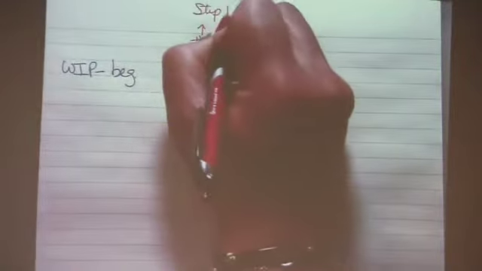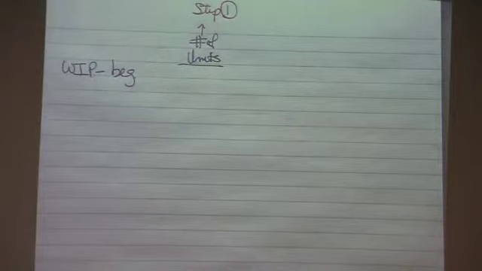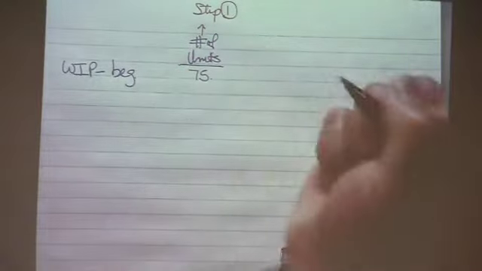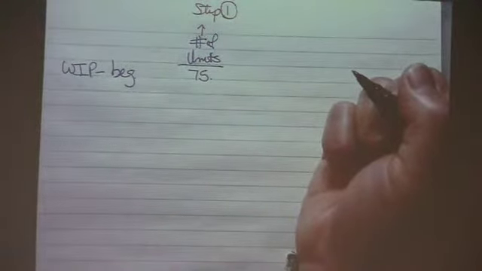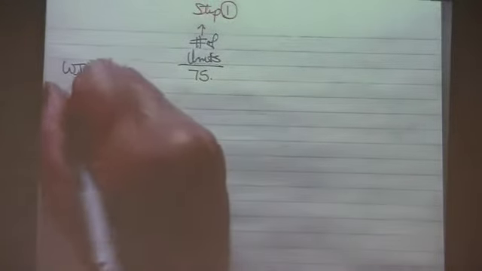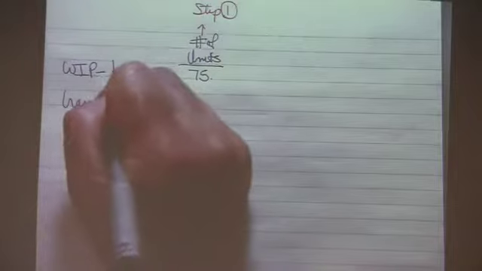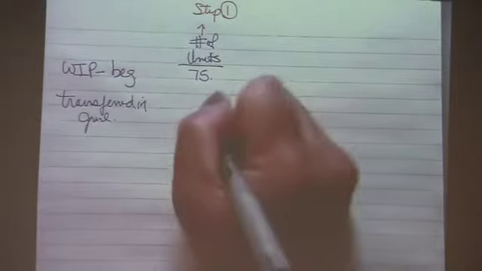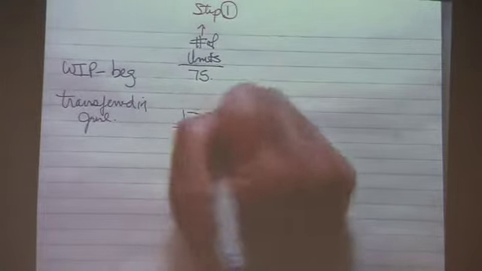So let's call that step 1. So we know there were 75 units sitting in beginning inventory. How many units were transferred in June? So how many were added in June? We're told there was 135.